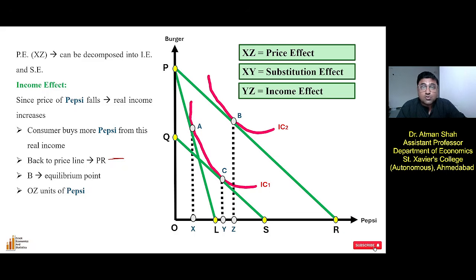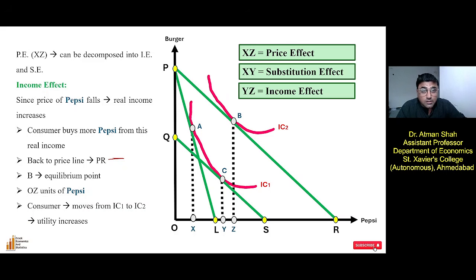Here this YZ is the income effect, because the consumer increases the consumption of Pepsi by YZ units from that rise in real income. So YZ is the income effect.